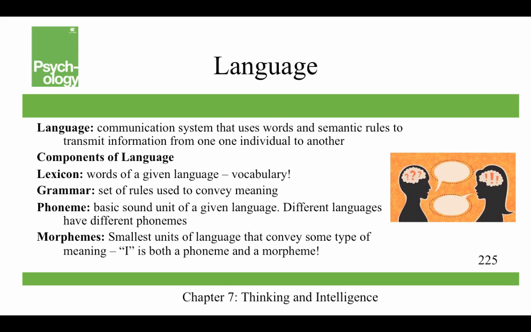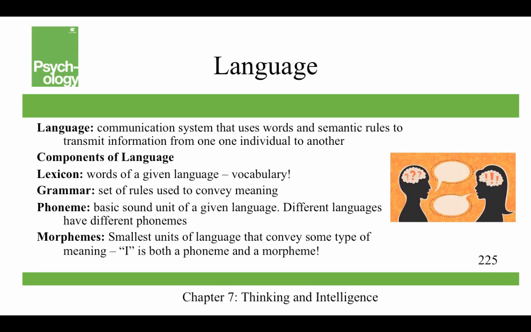Language is a communication system that uses words and syntactic rules to transmit information from one individual to another. The components of language are lexicon, which are the words or vocabulary of a given language, and grammar, which is the set of rules used to convey meaning.